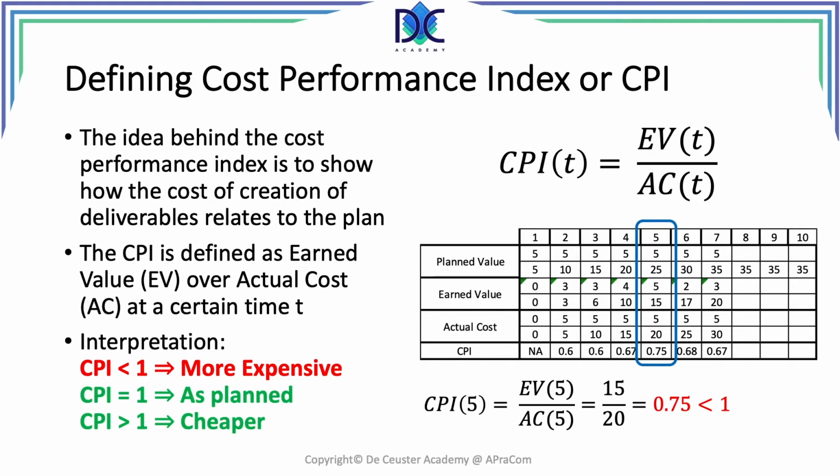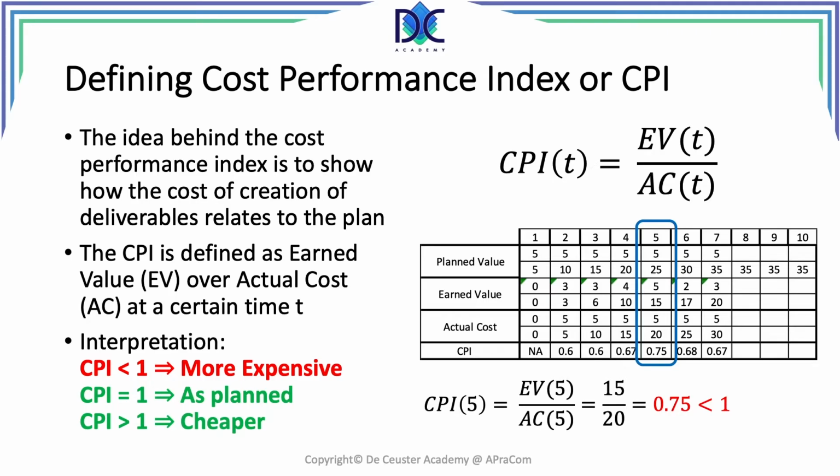We are spending more money than planned to create the deliverables. When the CPI is equal to 1, we are spending money as planned. And when the CPI is larger than 1, we are spending less money than planned, which is, of course, a very interesting element.